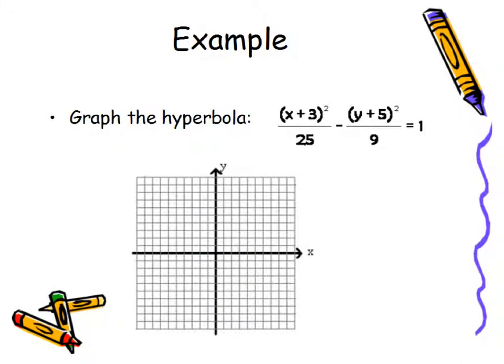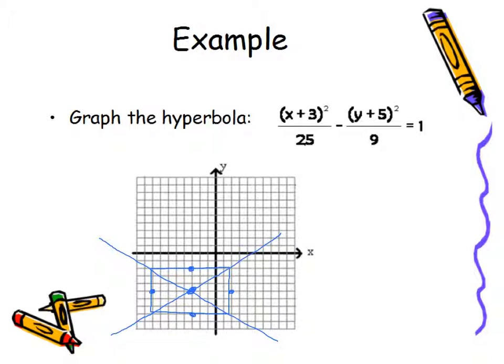All right, let's try one more of these. On this one, the center is going to be -3, -5. I'm going to go left and right 5, up and down 3, draw the box, put in the diagonals, and then look and see which term is first.